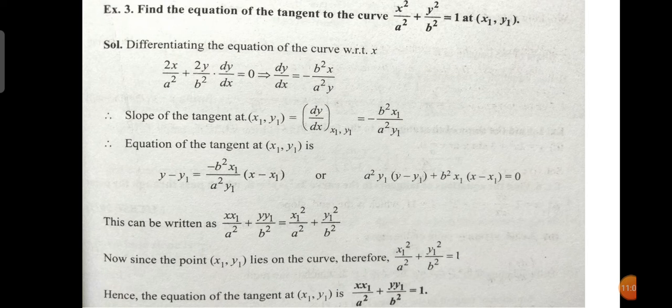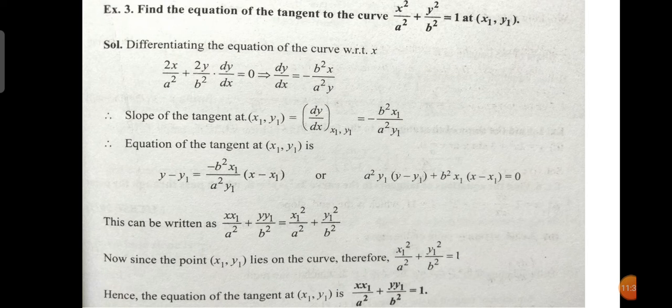With respect to x, a square is a constant. So 2x by a square plus 2y by b square into dy by dx is equal to 0.